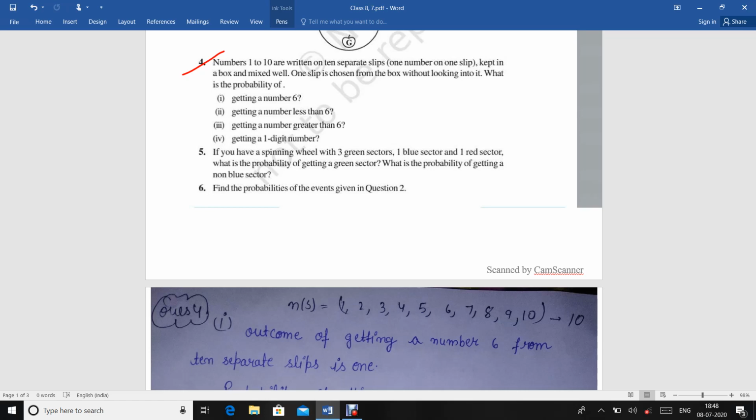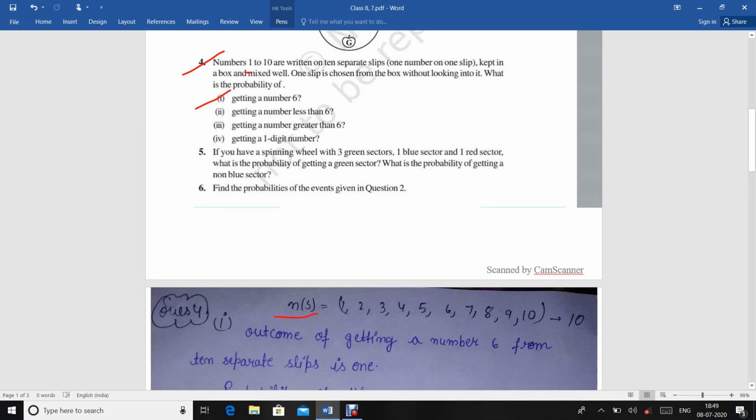One slip is chosen from the box without looking into it, means we choose one slip randomly. What is the probability of getting a number 6? So first of all, see, here are the sample spaces.